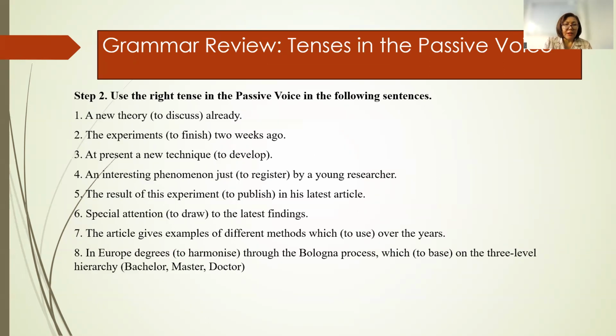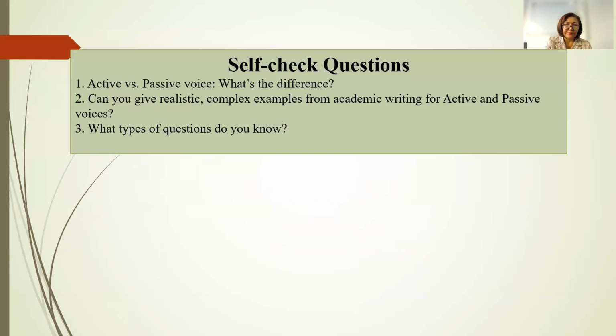Please write all these 8 sentences in the passive voice. Try to use the right tense of the passive voice. It will be your home assignment. And another task is self-check questions.